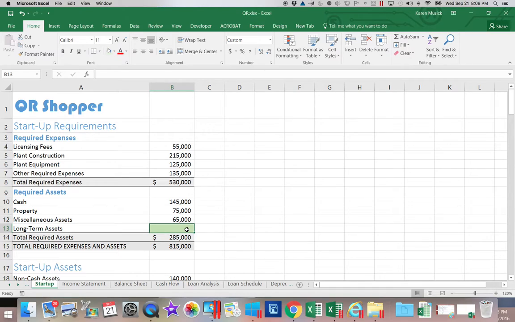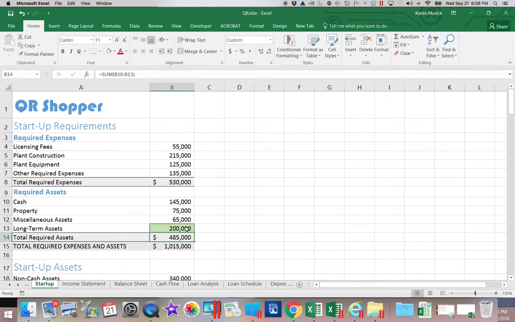We are going to determine that we need to buy $200,000 worth of long-term assets. Long-term assets could be equipment that we're going to use in our manufacturing process. Could be computers, it could be office furniture, it could be buildings, but it's things that are designed to give us a benefit for multiple years.